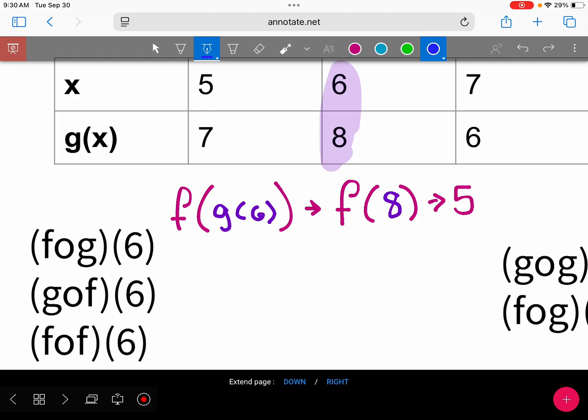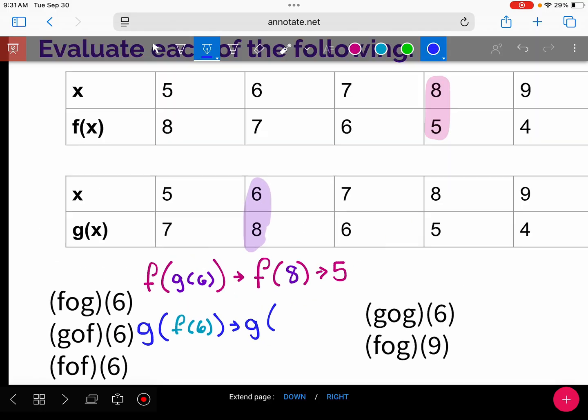So our next one has g of f of 6. So a little bit different. So g of, what is f of 6? 7. So f of 6 is 7.